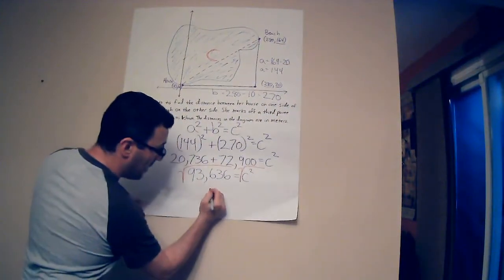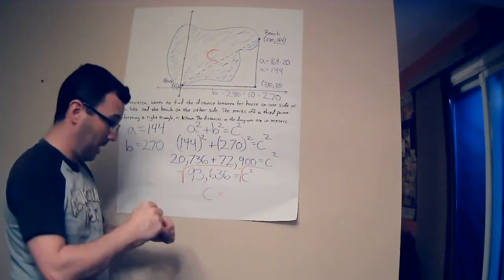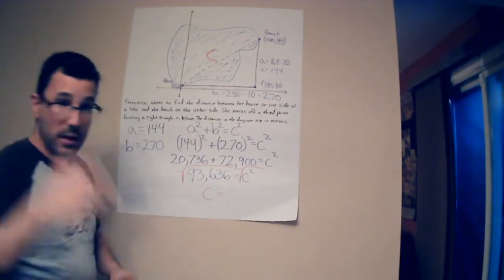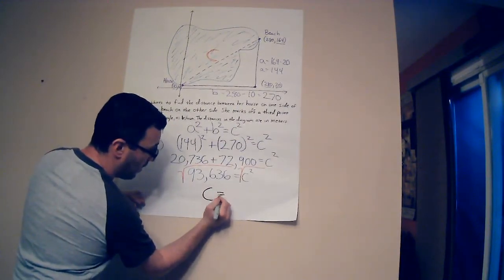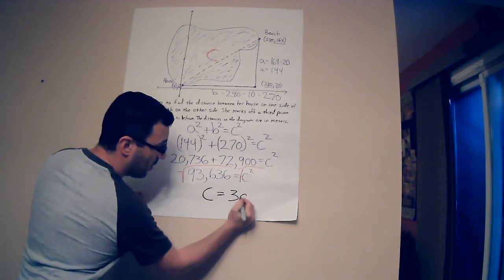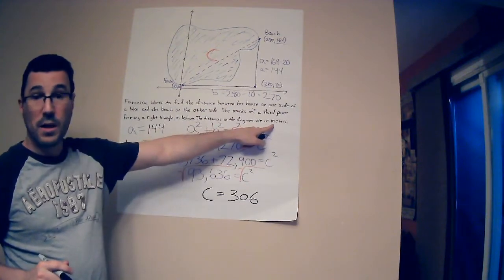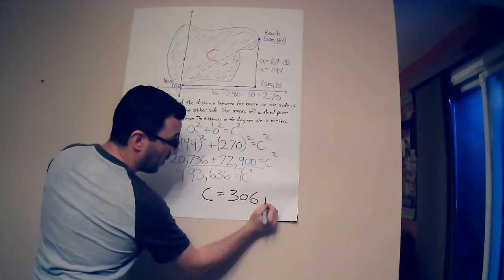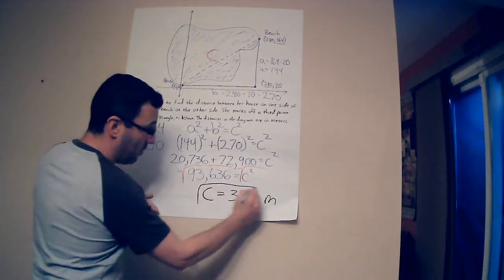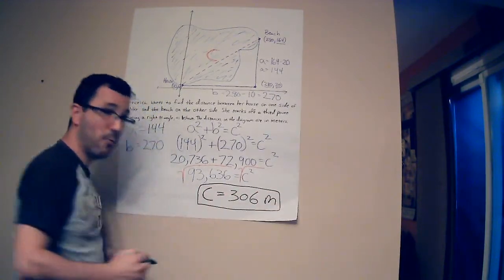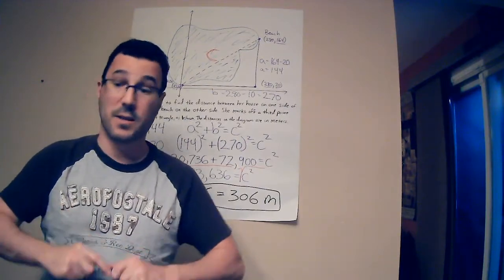Okay, so C equals 306. And remember, it's in meters, so I'm going to put M for meters. And that's how you use the Pythagorean theorem, the distance formula, to find distance.